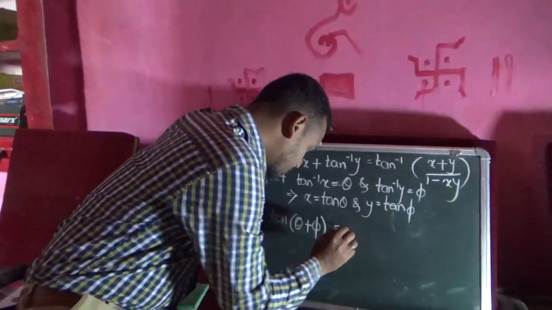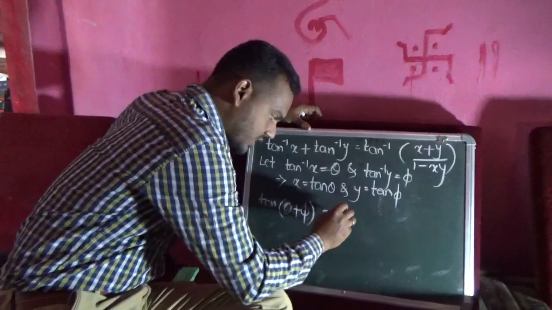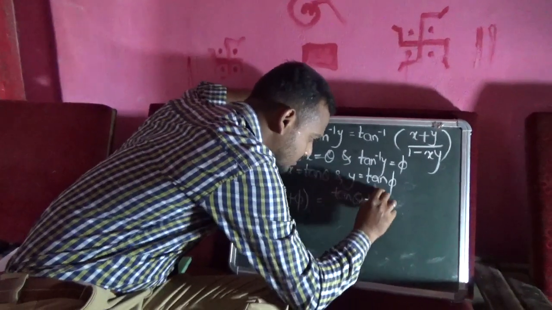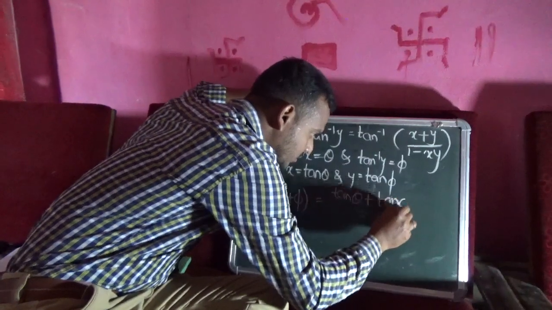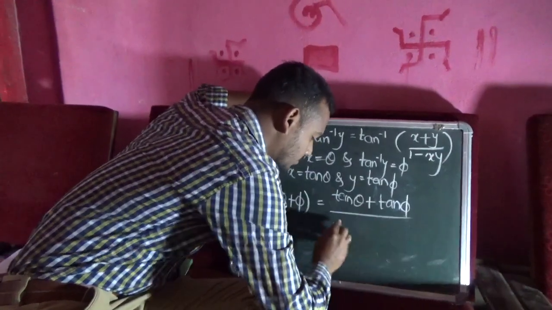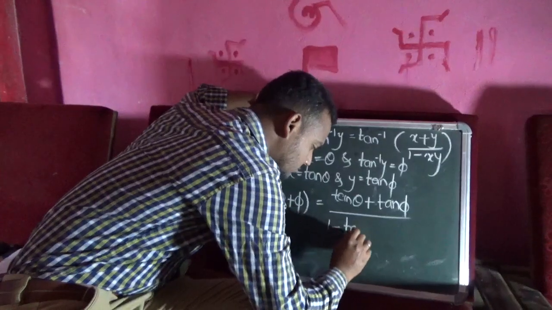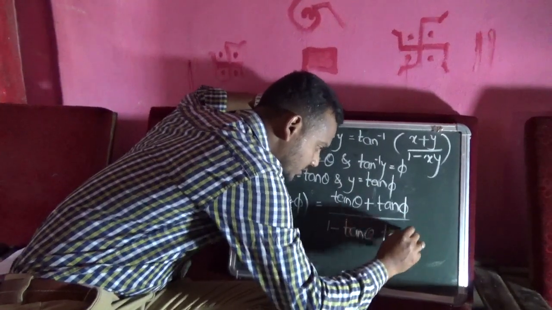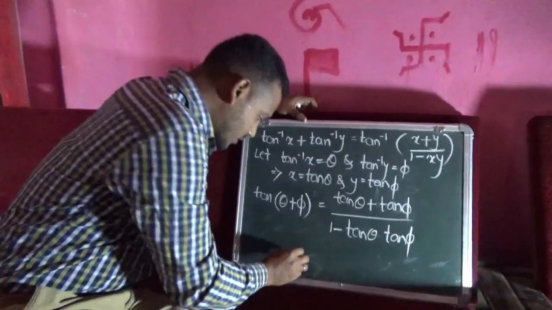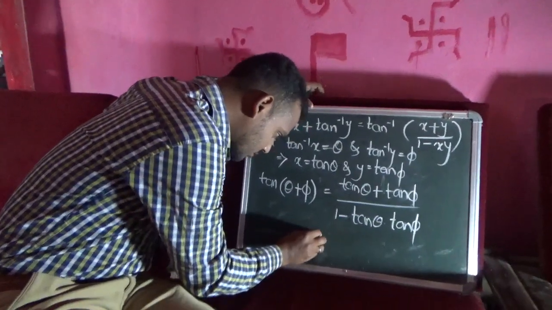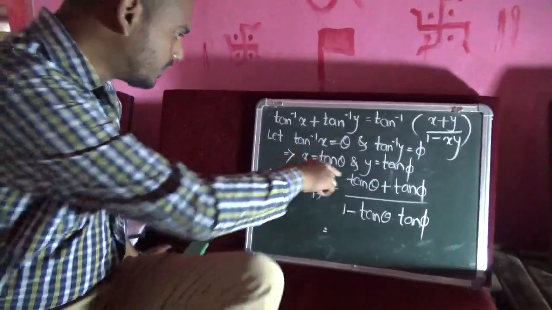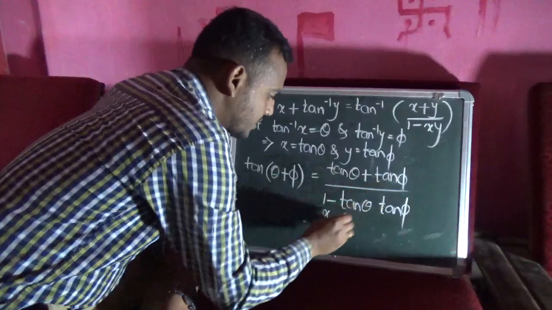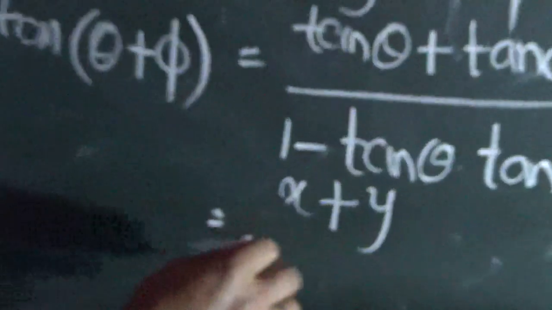By applying the formula tan(a plus b), it is (tan theta plus tan phi) by (1 minus tan theta into tan phi). In place of tan theta we can put x and in place of tan phi we can put y.